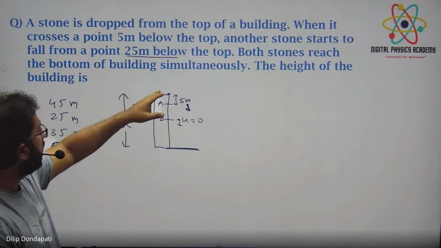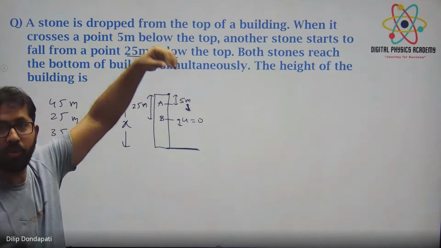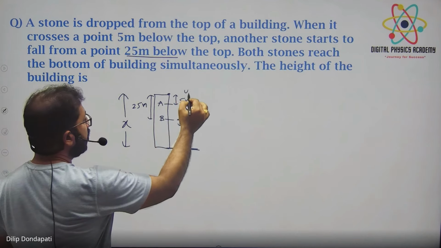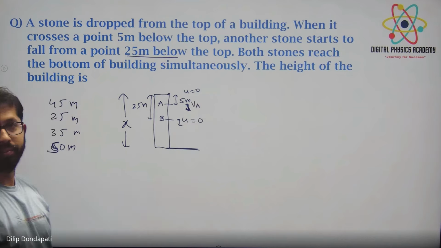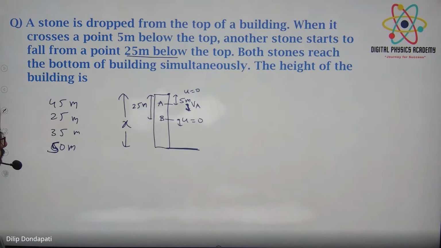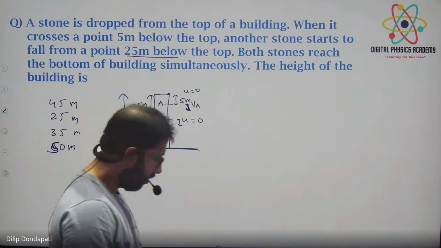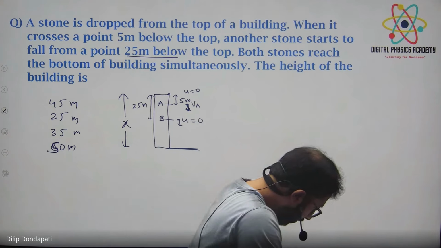Because it is falling from the top of the building, initial velocity here is 0. But when it reaches A, some velocity will be there. Try that, and tell me.